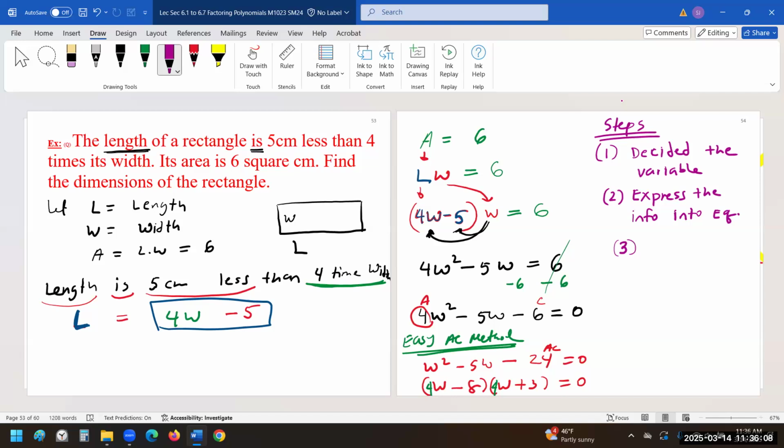Connect the equation with what? Extra information?